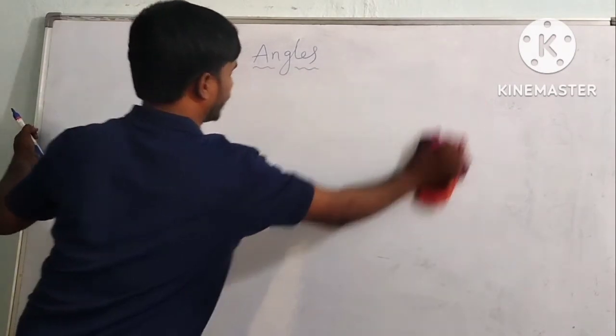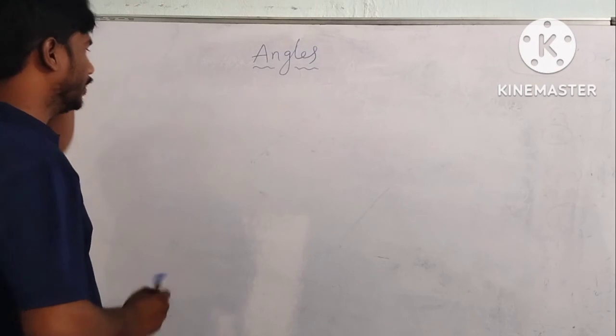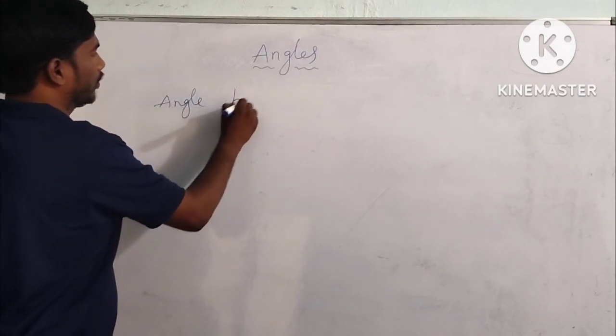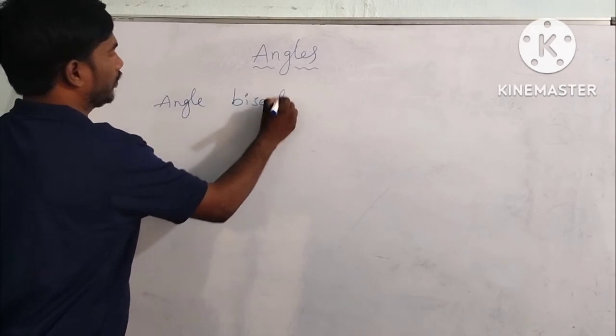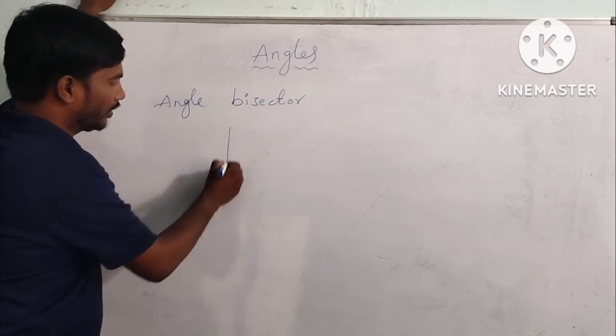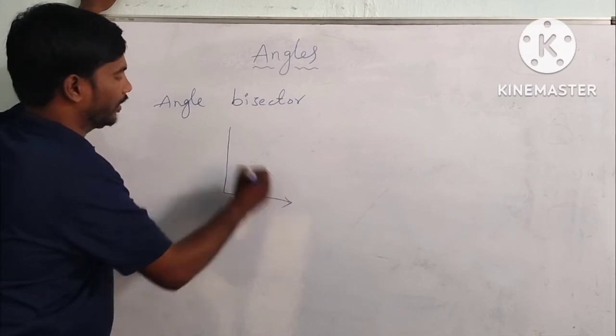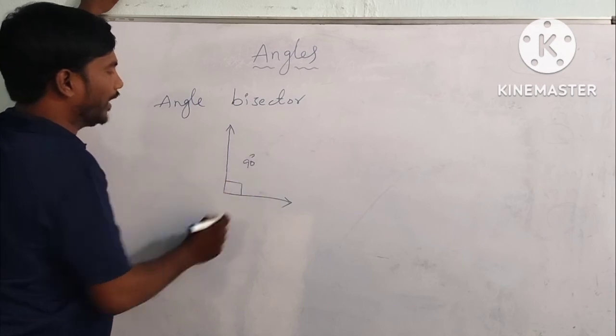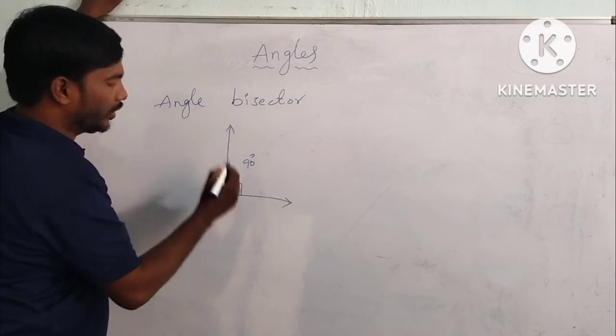Next, angle bisector. What is meant by angle bisector? Simple. This angle is equal to 90 degrees. Bisect means dividing into two equal parts.